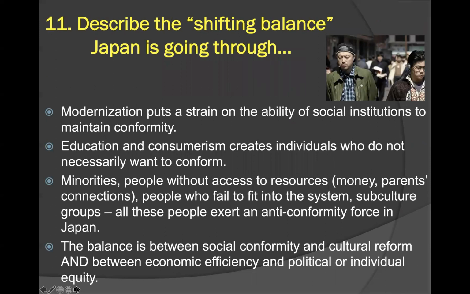Lastly, we get to this whole shifting balance that Japan is going through. Modernization has really put a strain on the ability of social institutions like school to maintain conformity. But not only that, the education system has been changing, and consumerism, of course, has created individuals who don't want to conform necessarily.